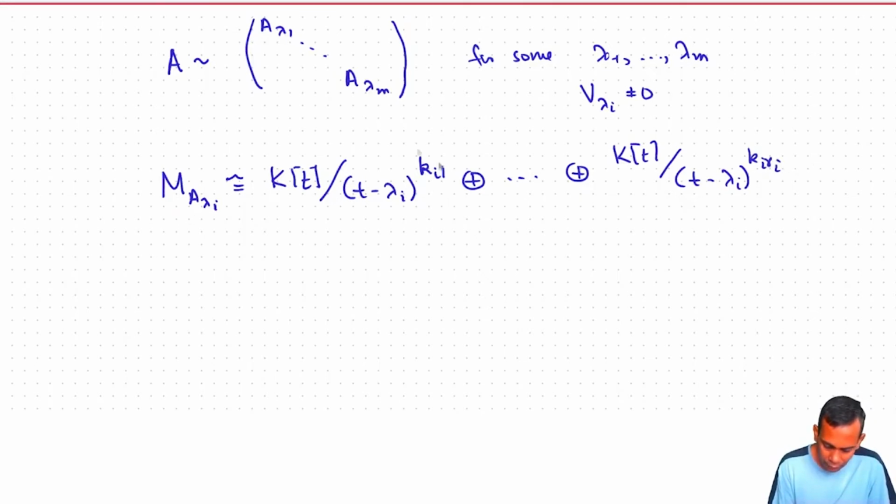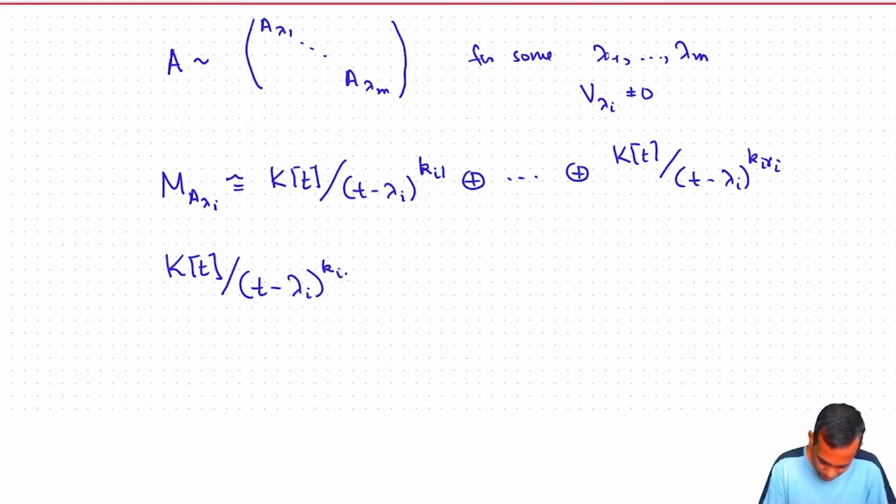And then on this block itself, let's just take some generic k here, or we could take k_ij.